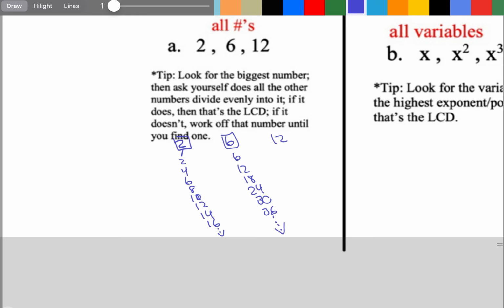Last but not least, we got 12. 12 times 1, times 2 would be 24, times 3 would be 36, times 4 is 48, times 5 is 60, not 16, but 60, and so on and so forth. What we're looking for is the number that they all have in common, the smallest one that they have in common. I see that 12 here, I see that 12 here, and I see the 12 here.